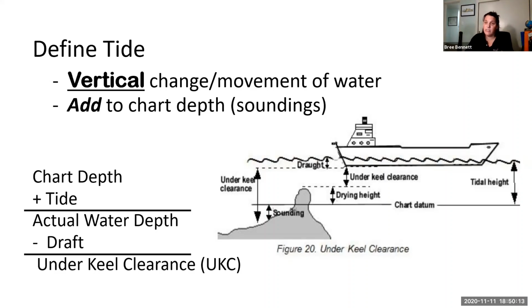When we don't have any under keel clearance. So that's a little calculation here. Our chart depth plus the tide, great, we have 12 feet of water. That doesn't mean there's 12 feet of water under our keel, and that's the important part.